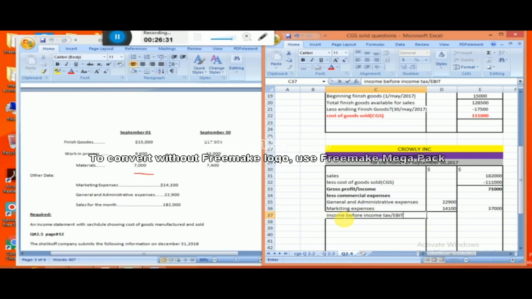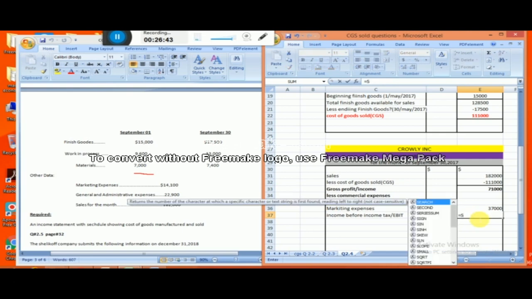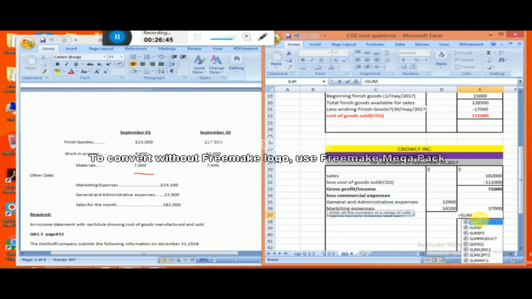Okay, so now what I should do is subtract these expenses, 37,000, from the gross profit.